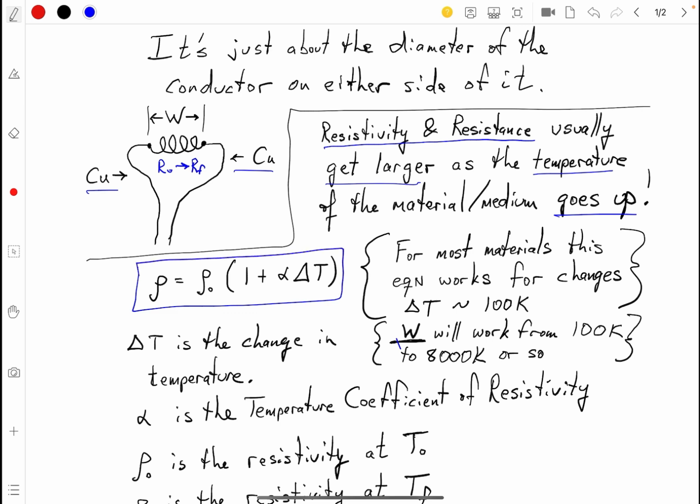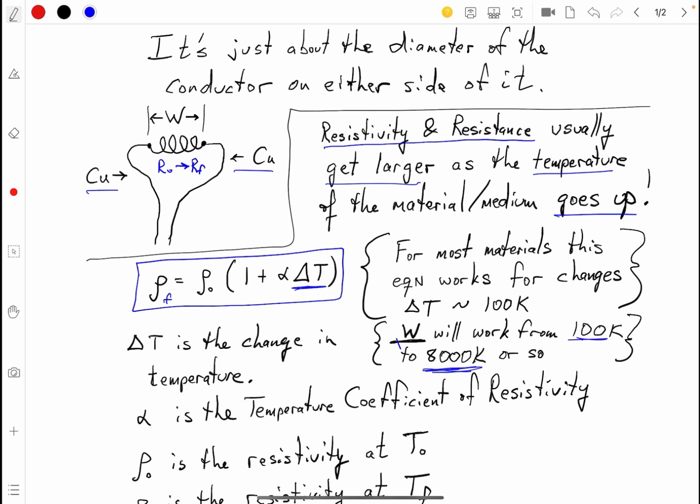Okay, and so we're talking about what the resistivity is, our final resistivity, as a function of the temperature change. Okay, so for most materials, this equation works if we do a delta T around 100 Kelvin. But for tungsten, this thing works all the way up to 8,000.